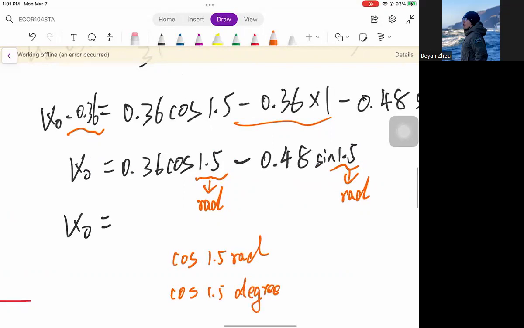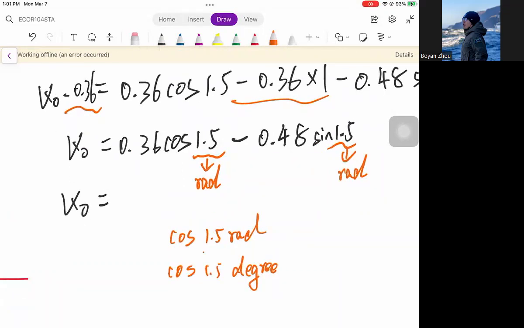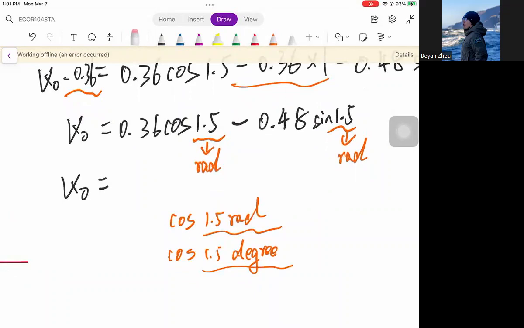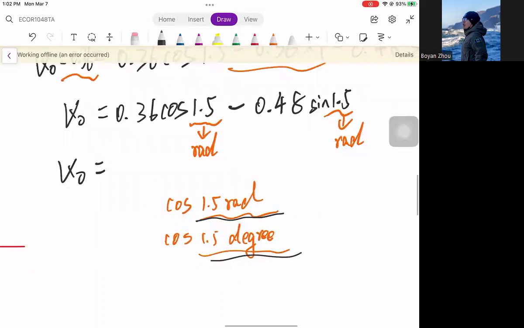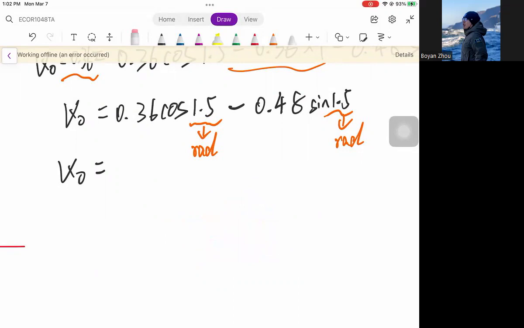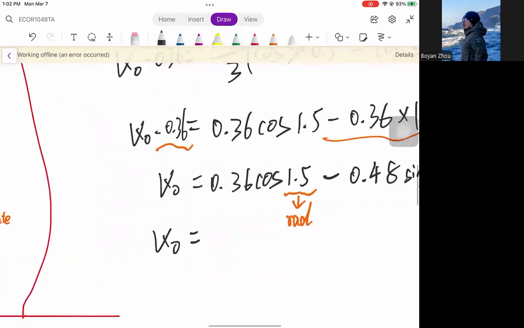When you're punching the value into your calculator, you must make sure it is calculating 1.5 radians, not 1.5 degrees. For most Casio calculators, cosine 1.5 calculates in degrees by default, so you have to set the mode to radians or convert before doing the calculation.